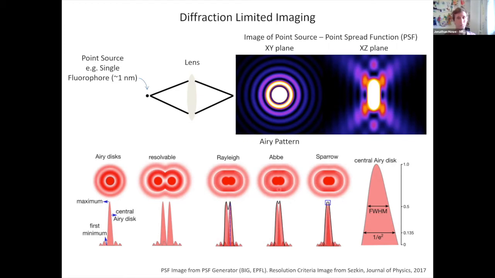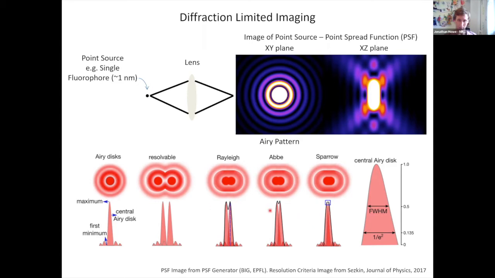In this talk, I will mostly be using the Abbe resolution equation. I will also talk about the full width half max, which is the width of the central maxima at half maximal intensity. The Abbe resolution limit and the full width half max come out to be similar values.